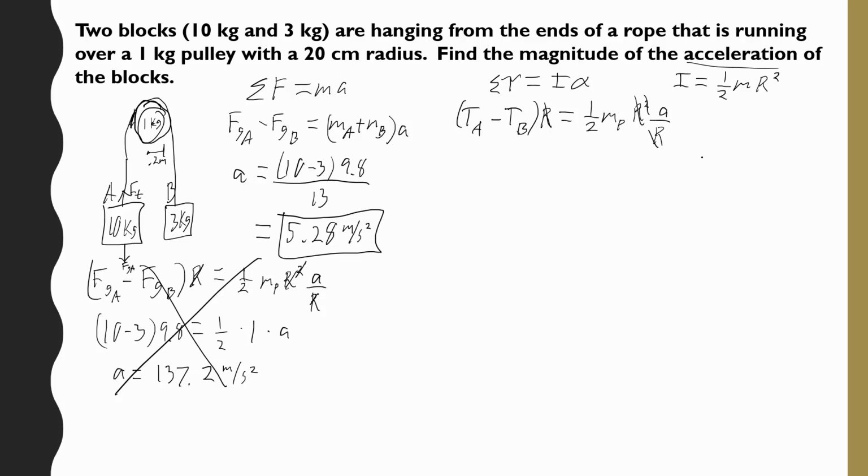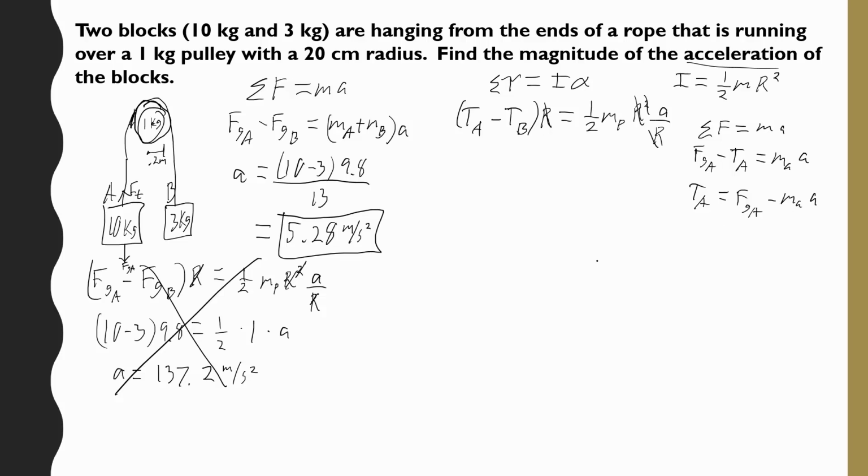For block A, you're going to have gravity on A, so we're just doing net force equals MA, right? Okay, so gravity on A minus the tension on A equals the mass of A times the acceleration. So if I solve this for tension on A, I'm going to get gravity on A minus its mass times its acceleration.